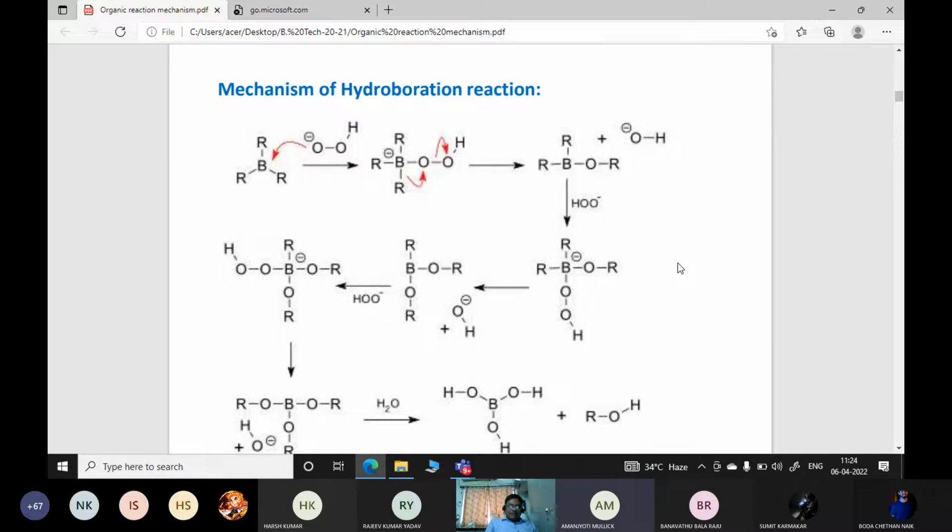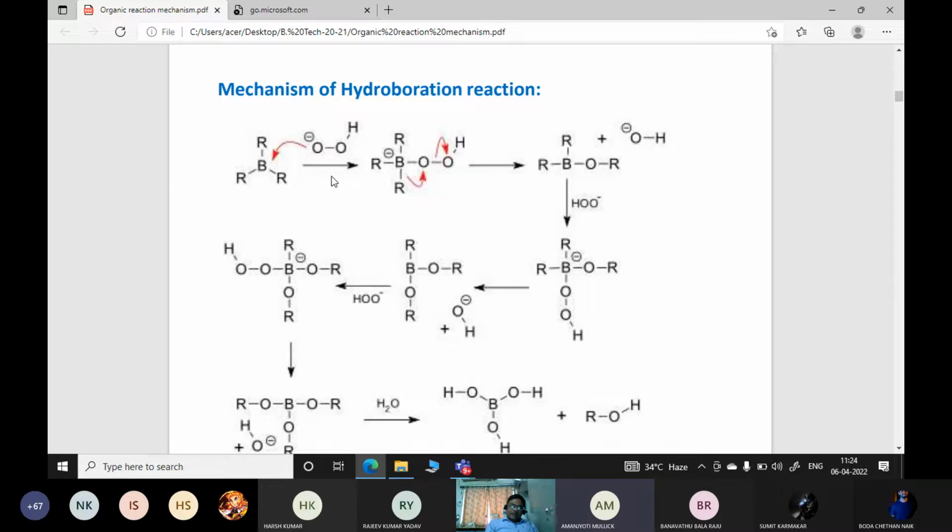You see here, the most important thing is the addition of the peroxide to the boron. I think you all know the electronic configuration of boron, with 5 electrons: 1s2, 2s2, 2p1. The principal quantum number is small, so it has quite a small orbital size. So when the peroxy anion donates to the vacant p orbital, it feels steric repulsion.